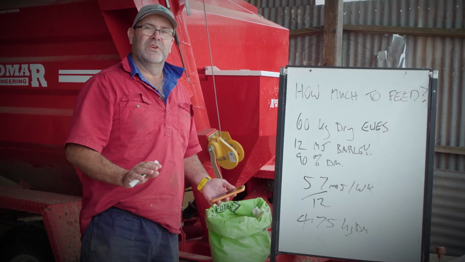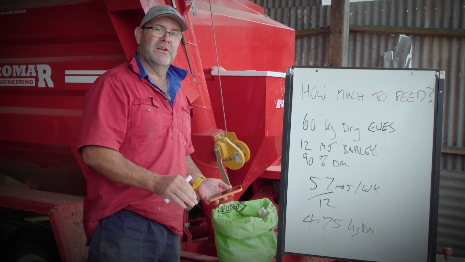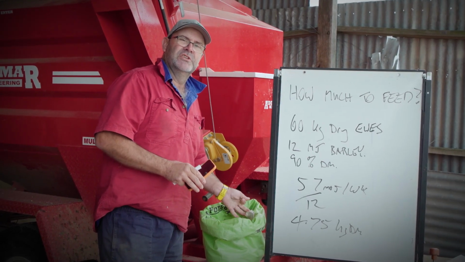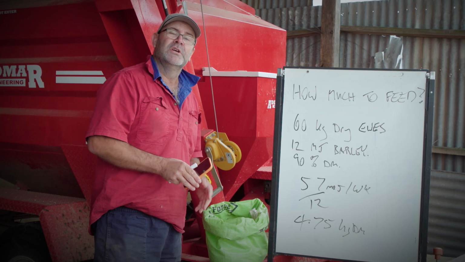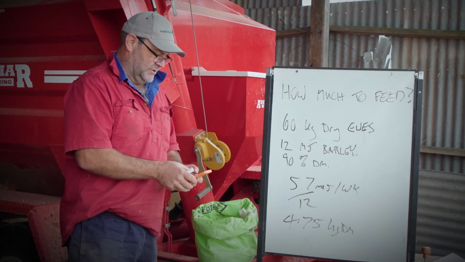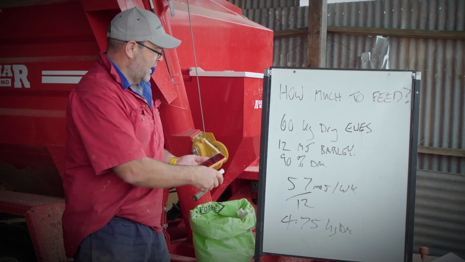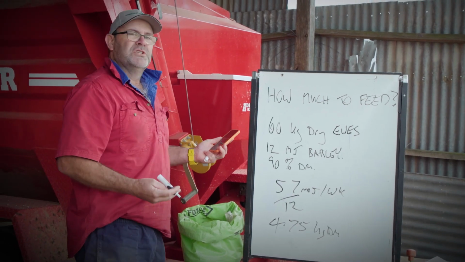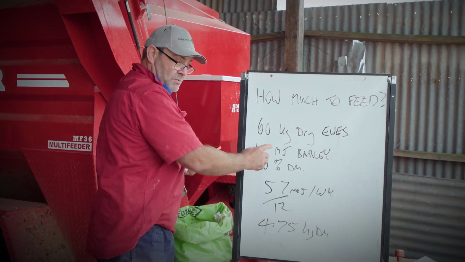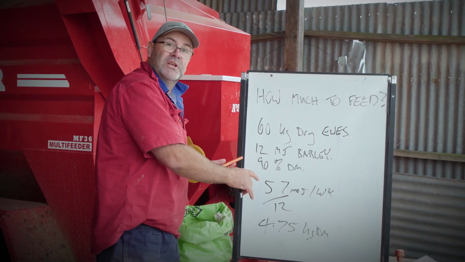It's not quite the end of the calculations, because we need to remember 10% of this barley is moisture that's got actually no nutritional value to it at all. So we need to account for the dry matter in that feed. So how we do that, we just go into the calculator again quickly. Our 4.75, we divide that by the 90%. So we know that because we've done a feed test, we know the grain's 90% dry matter.